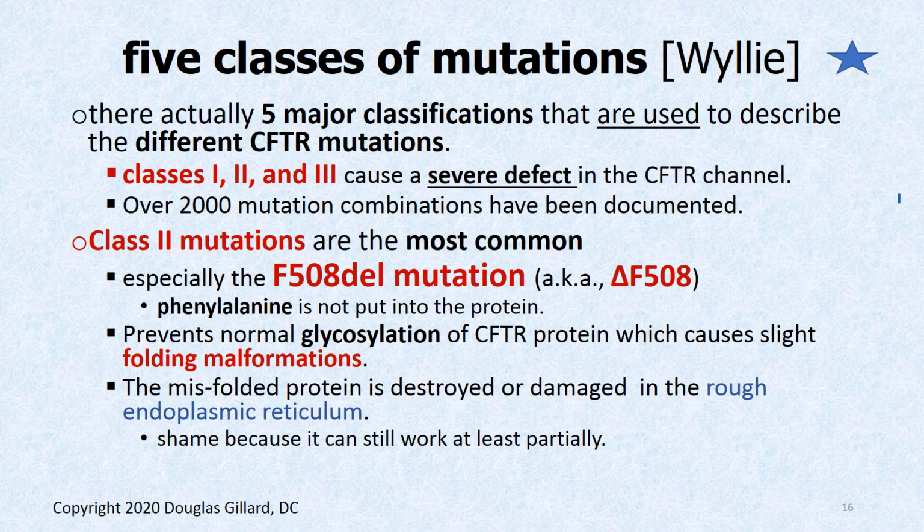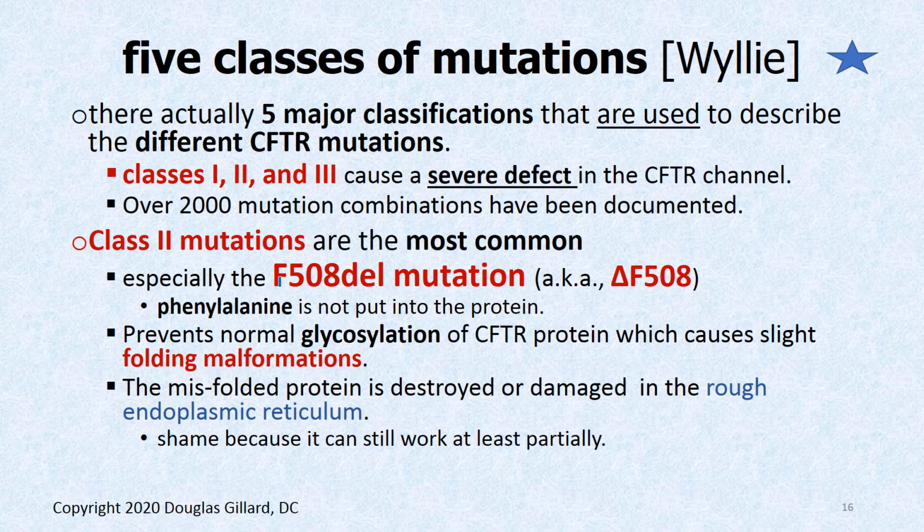The classic one that might show up on boards is a class 2 mutation, which is bad, but it's not as bad as class 1, 2, or 3. This is the famous delta F508 mutation.